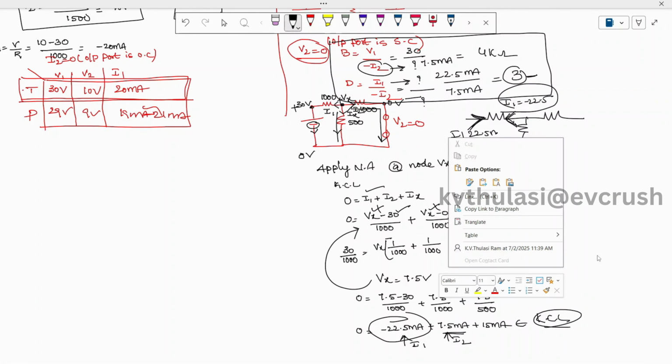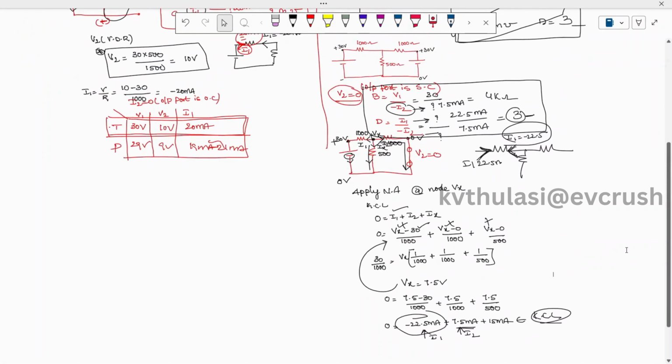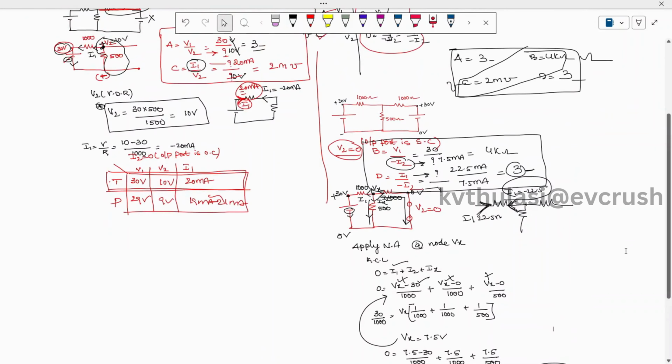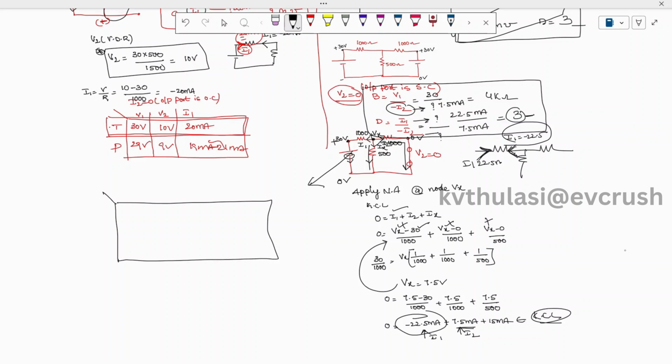Let's try to draw the tabular column for this one. So for the tabular column, you're going to get a table with first row as theoretical calculation and second row as practical calculation. And what we had done here is V2 equal to 0.